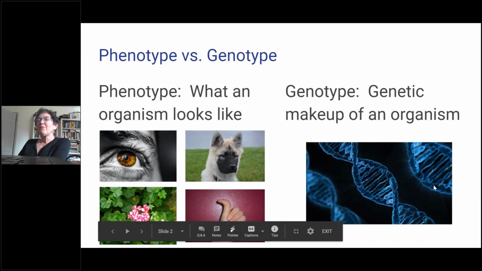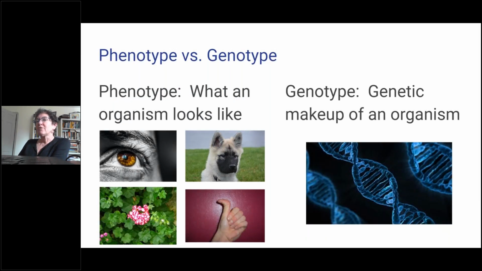These two words, phenotype and genotype, are two really important vocabulary words. Phenotype is what an organism looks like. So whether you have brown eyes, blue eyes, green eyes, black eyes, these are all coded on your genes, as is whether a dog has pointy ears or floppy ears, and the color and the shape of flower petals and leaves.